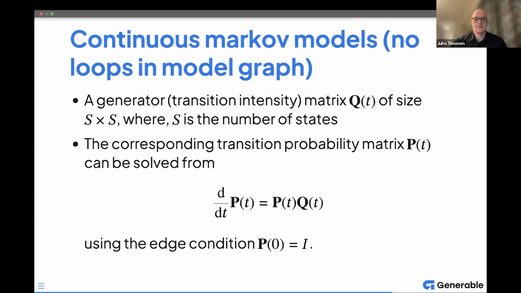So there are going to be other types of loops in the model. If we have this type of multi-state model, which is the type we're looking at today, then we can solve all of the transition probabilities by defining the generator matrix and transition probability matrix.